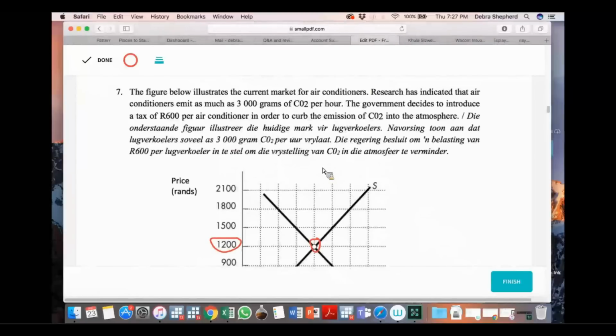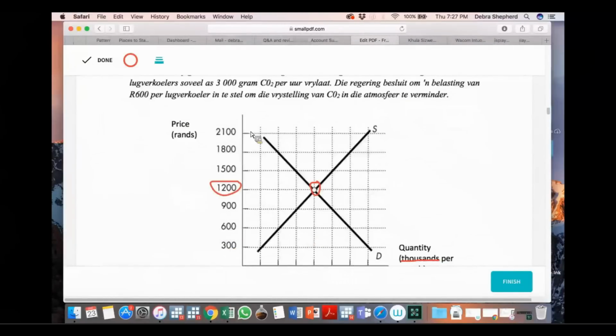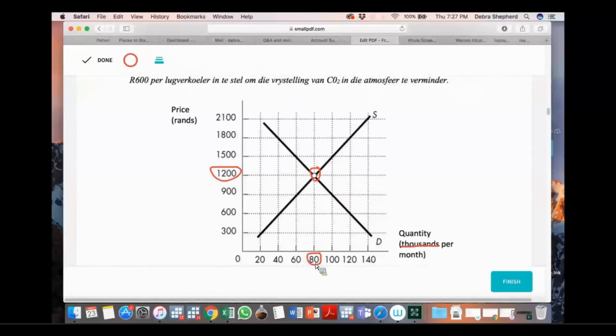Okay. So if there is a tax of 600 Rand per air conditioner, that means that the supply curve is going to shift upwards vertically by the value of that tax. Whereas the supply curve would have supplied 80,000 units at 1,200 Rand per month, with the tax, it would be 1,800.